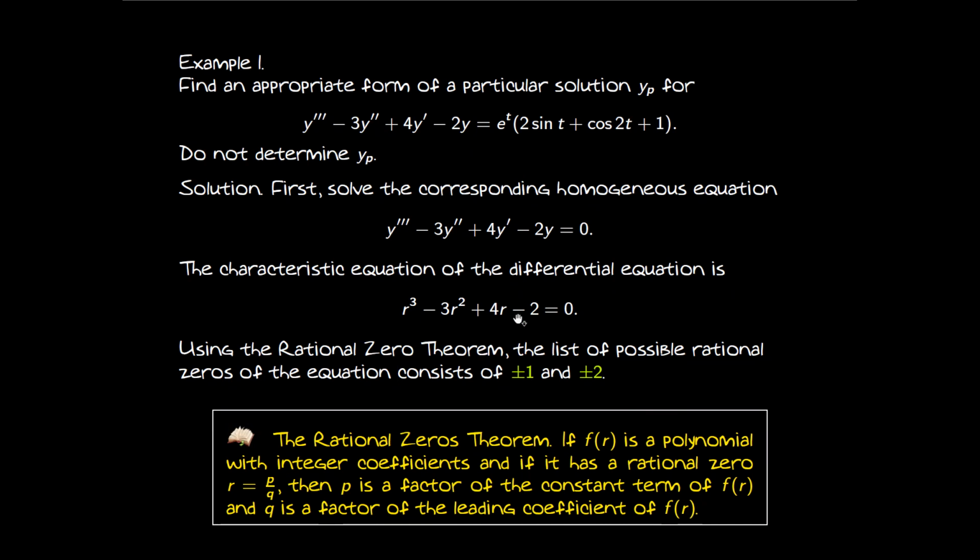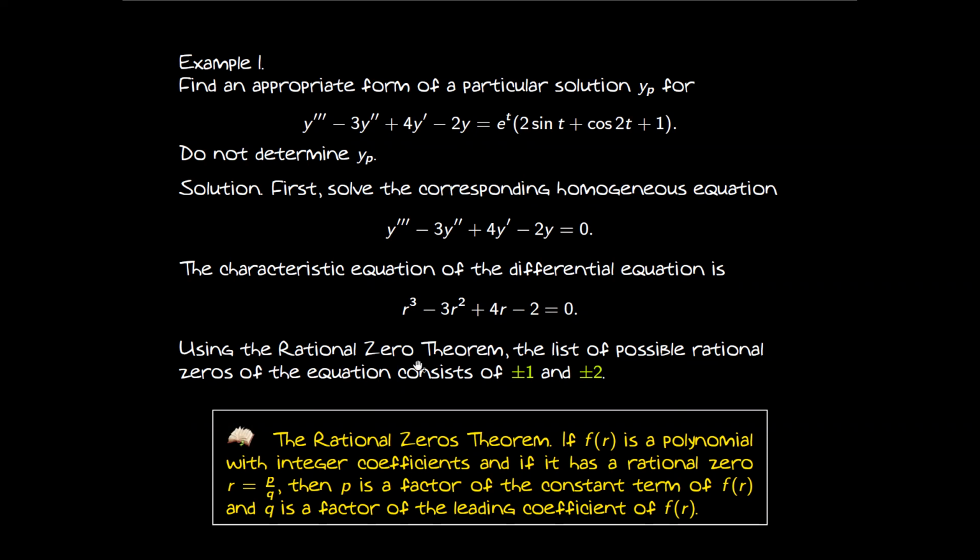So for this particular case, P can be either 1 or 2, because the constant term 2 has only 2 factors, 1 and 2. And the denominator Q has to be 1, because the leading coefficient here is 1.